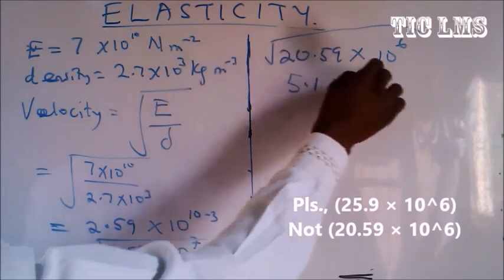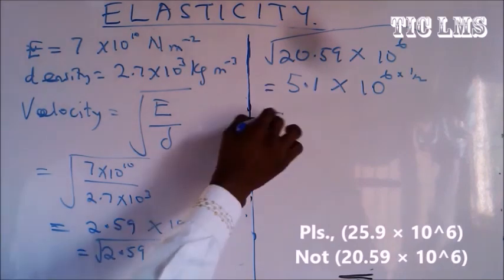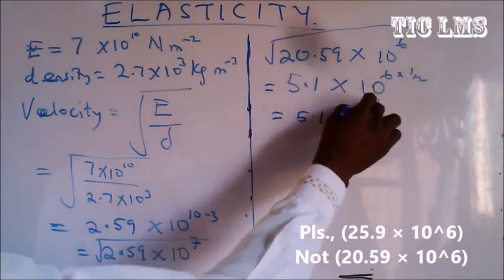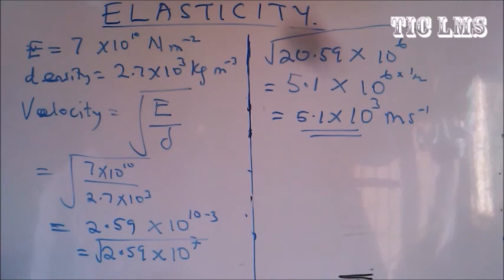Then this square root will become raised power half. To understand this, you can check our topic on indices mathematics. It will give you a better understanding of it. So here we have 5.1 times 10 raised power 3. So this is the speed of the sound produced.